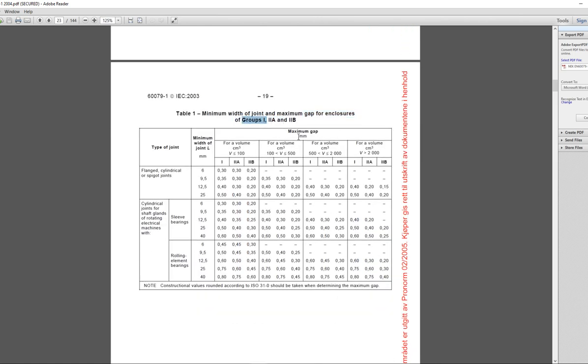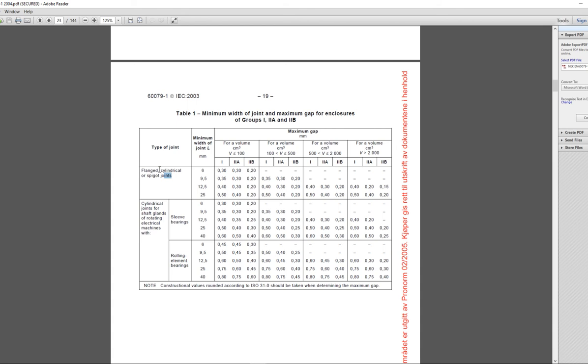The first thing you see when you look at the table is the maximum gap, and the minimum width of joint, which is the flame path, and what type of joint. The one we're looking at is called flange joints.